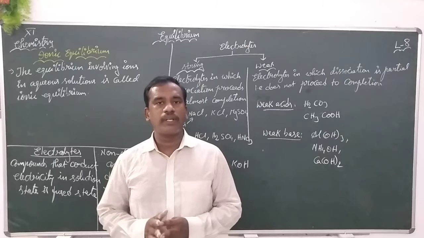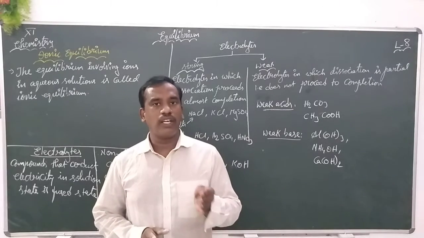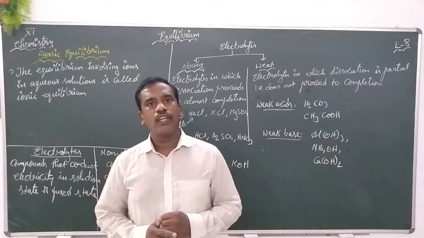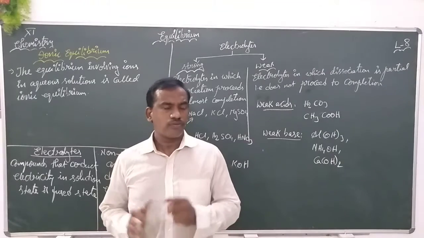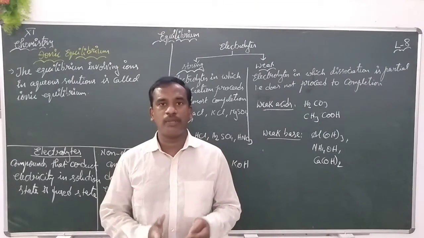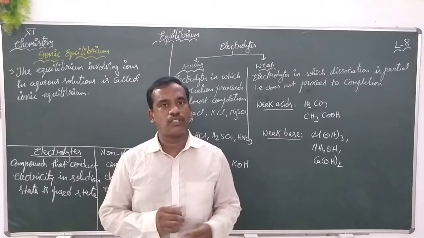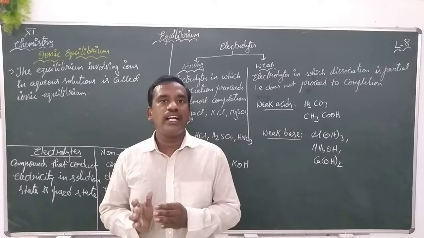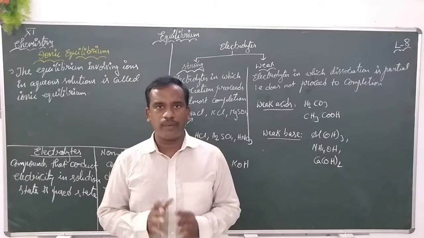There we learn topics like Kc, the equilibrium constant related to the concentration term, and also Kp, the equilibrium constant related to the pressure term. Means there the reactants may be liquids or solids, or the reactants may be in the gaseous phase. But now presently we are under the second level of this chapter, that is called ionic equilibrium.